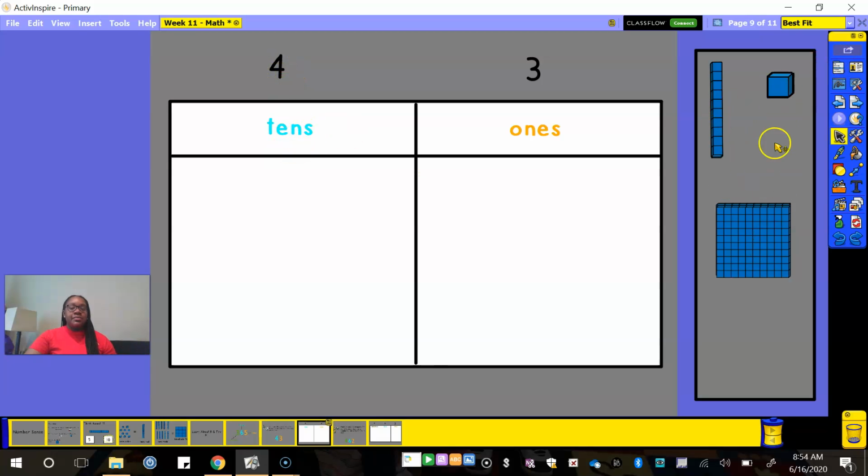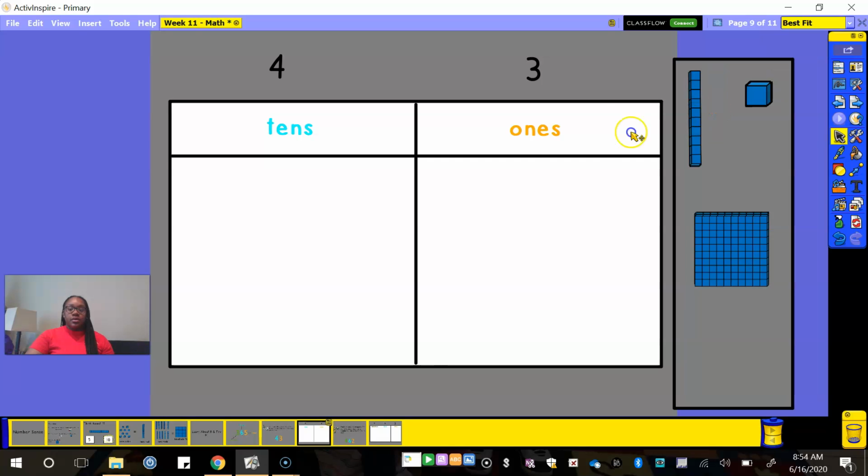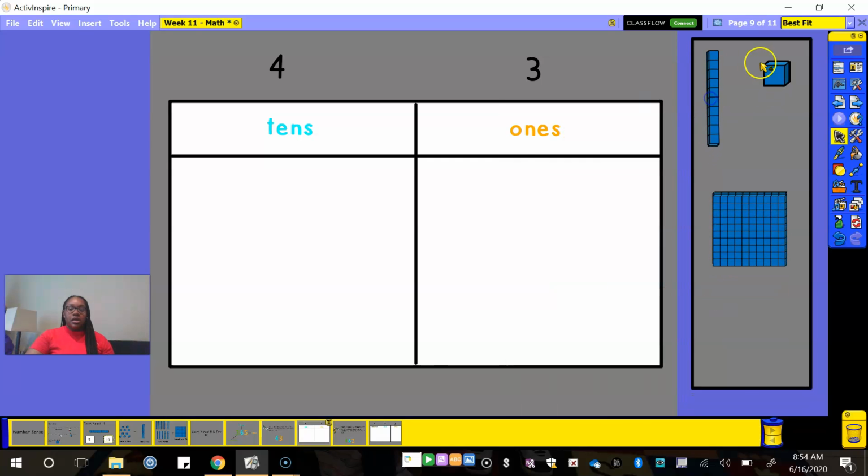Which base 10 block are we going to use to represent the tens? We're going to use our tens rod. Good job. And how many do we need? We need 4. So I'm going to drag 4 tens rods to my tens place.